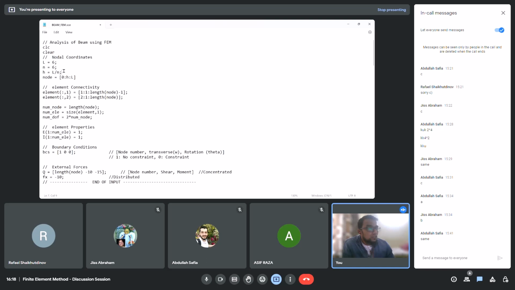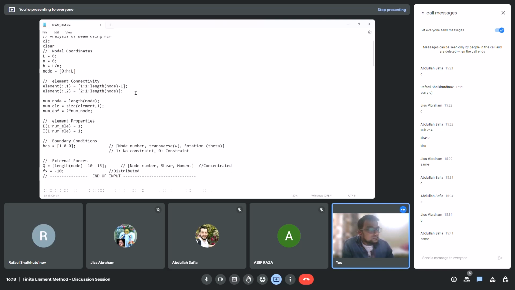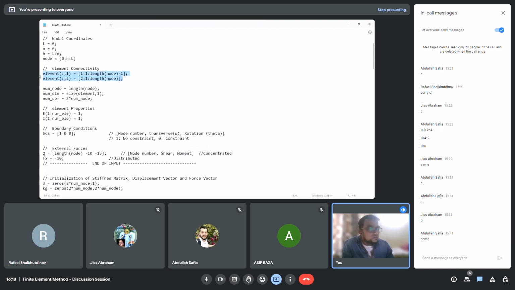Now this gives me the nodal coordinates starting from 0. Now the element connectivity: everything here is global nodes, but these are local node 1 and these are local node 2 for the respective elements.